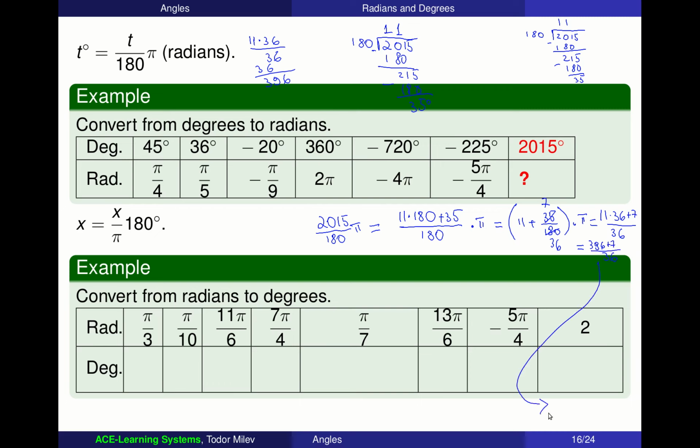So our final answer is 403 over 36 times pi. Whoops, pi went missing. 403/36 pi. All right.